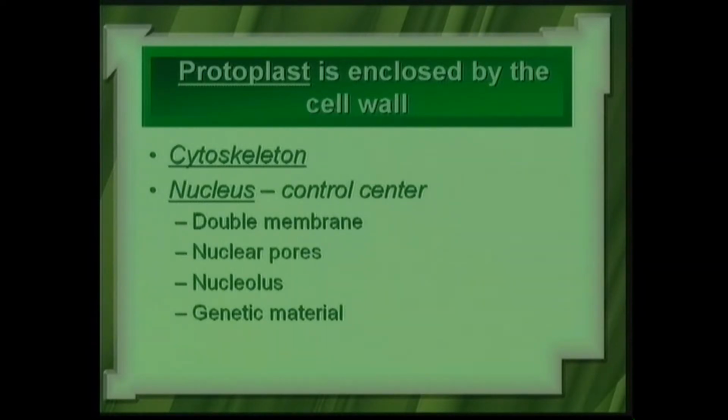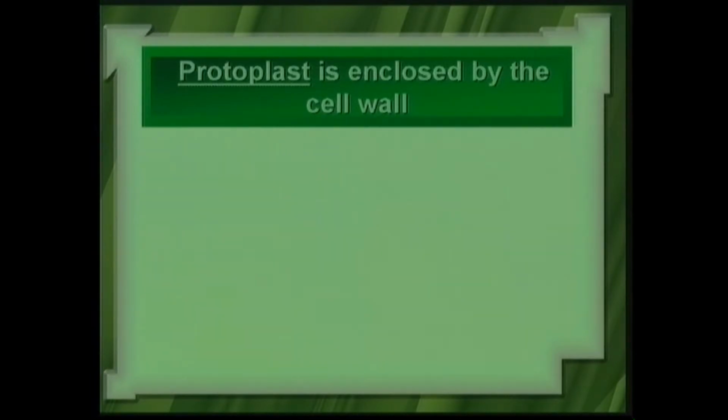It looks like a little round ball, a spherical structure with a bit of a gritty texture to it, and produces the ribosomal RNA and other components of the ribosome. Then we have the genetic material. The genetic material in the nucleus, you can call it the master blueprint. And the genetic material, of course, in plants is DNA, okay? Remember, DNA is another nucleic acid, as well as RNA.